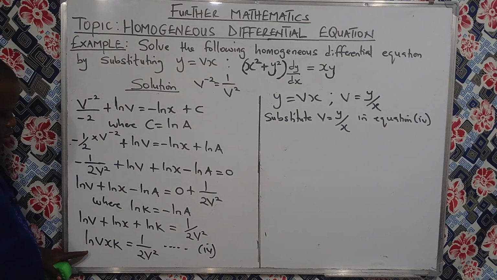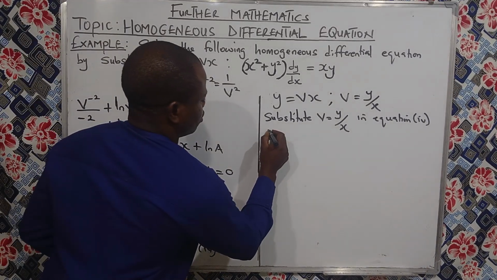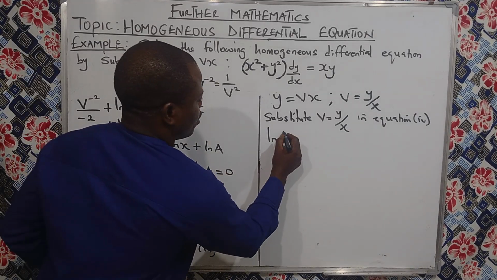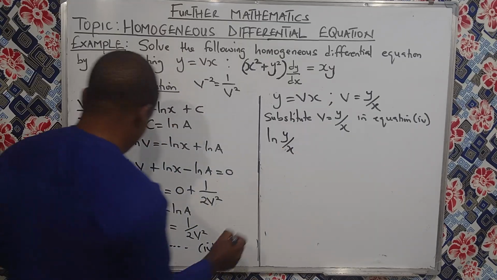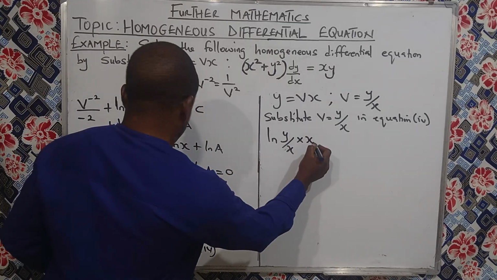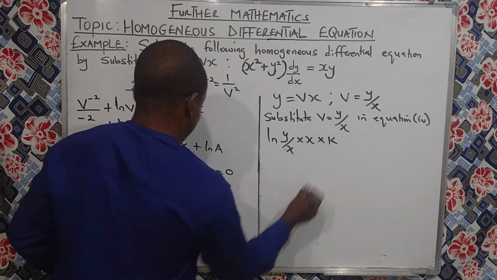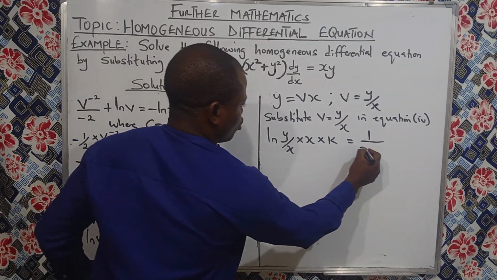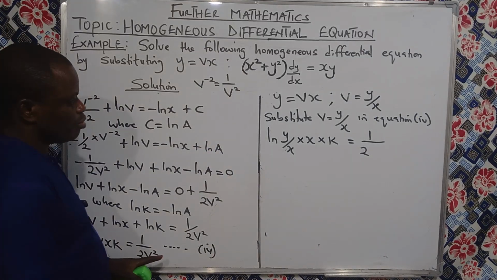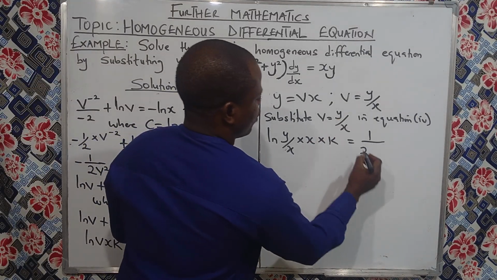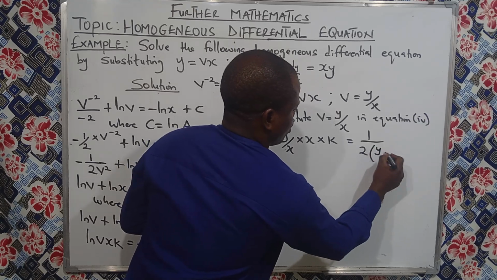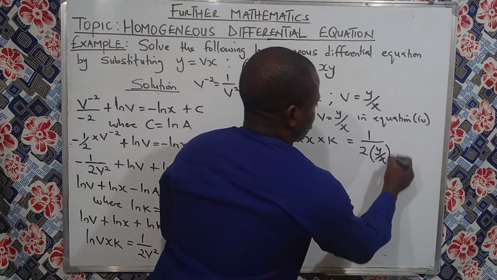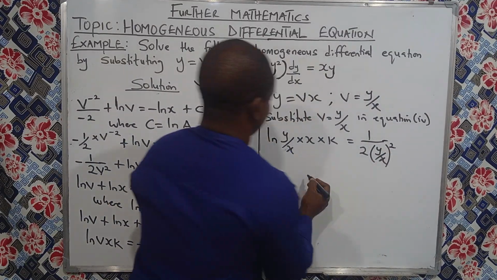Okay, when you do that, you now go back, ln. This is our v, right? y over x multiplied by x multiplied by k equals 1 over 2. Instead of writing v squared, you replace it with y over x. But don't forget that v is being squared. Now close the bracket and square it.